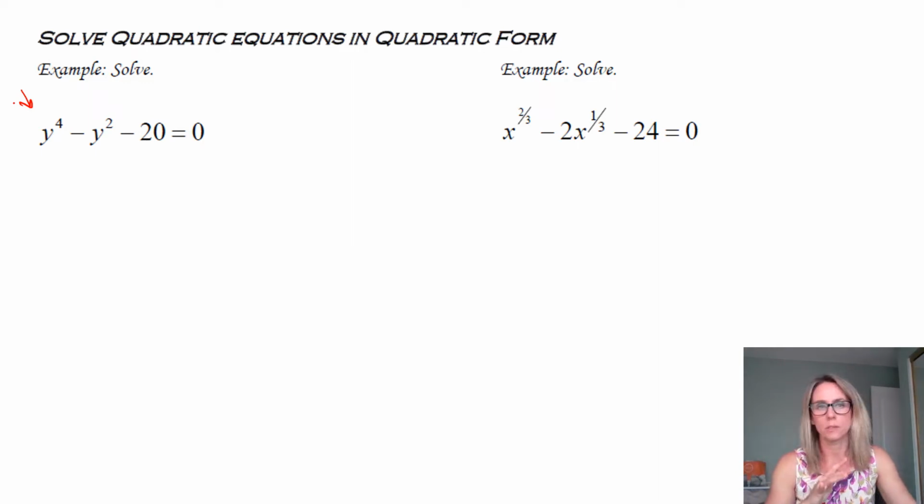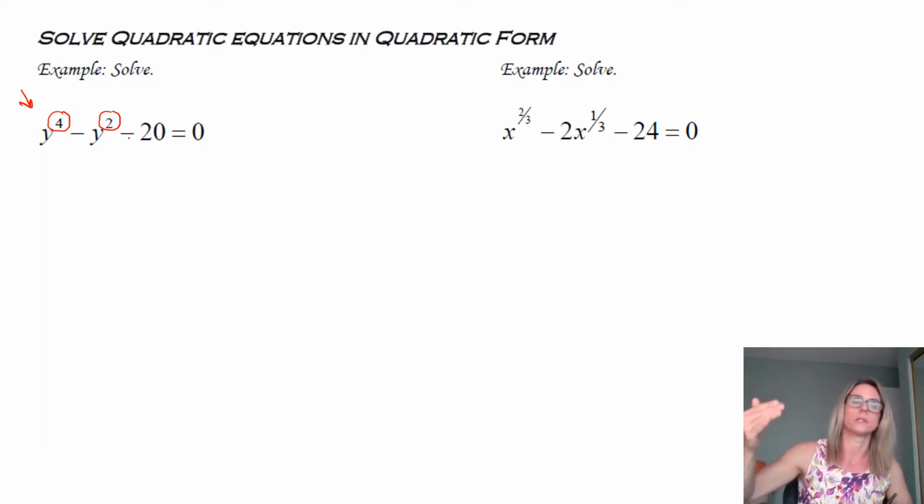So it typically uses something called the substitution method, depending on how well you can see the square. This is always going to occur when you have an exponent where the leading exponent is double the first one. So it is basically squared.